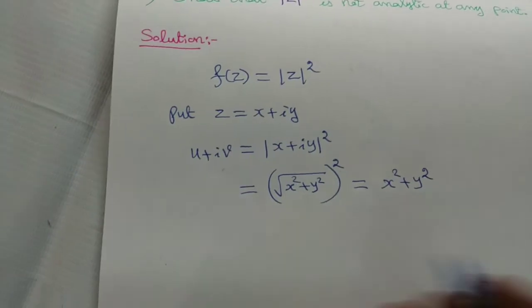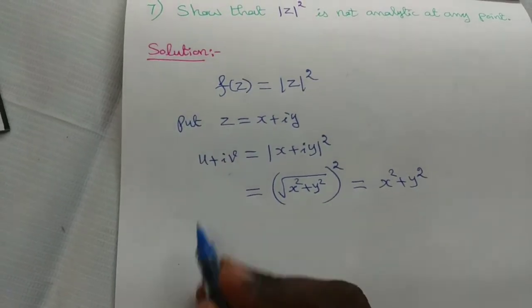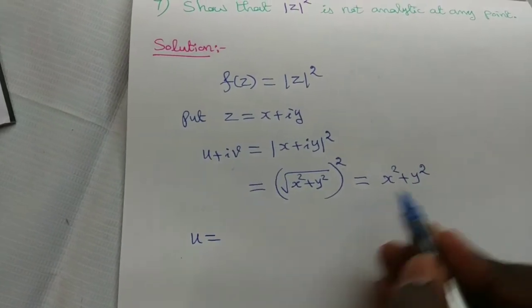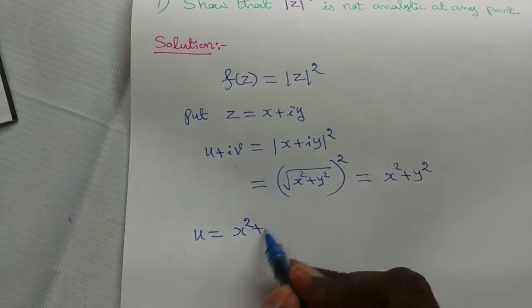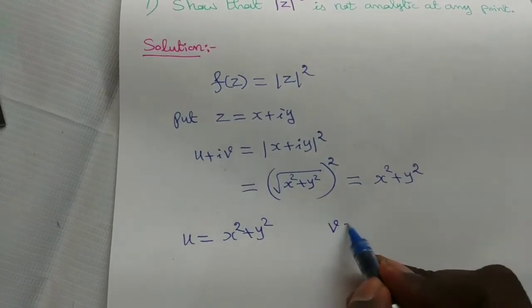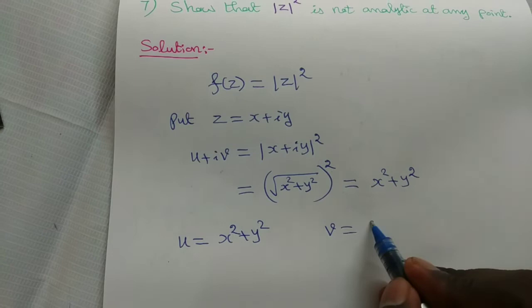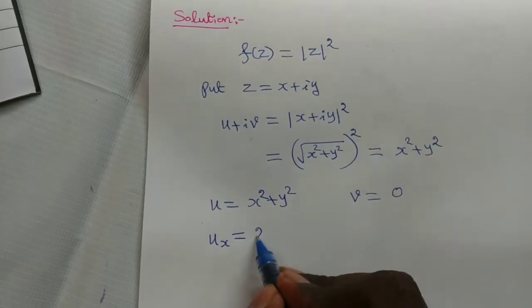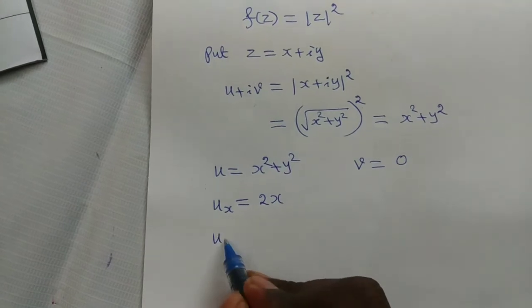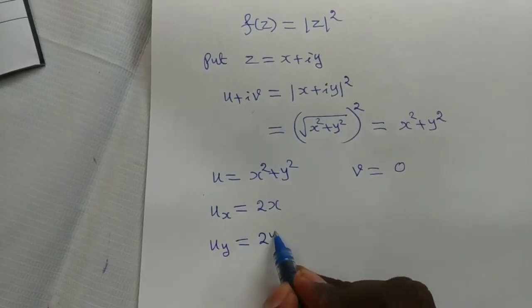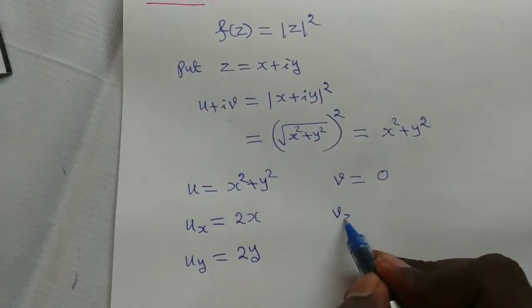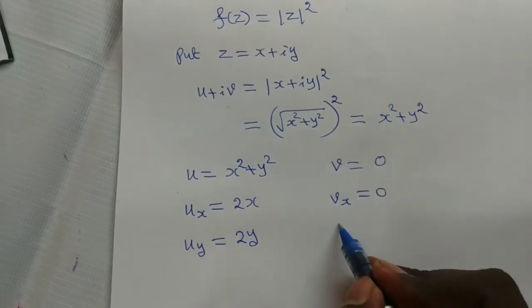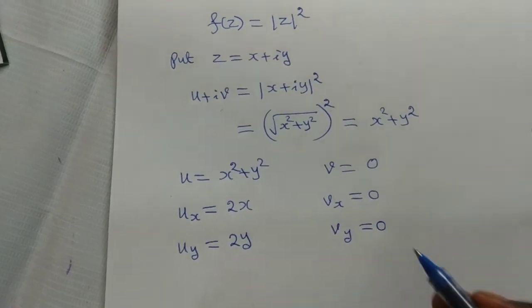Now equating the real part and imaginary part. By equating the real part, u is equal to x square plus y square. But the imaginary part, there is no imaginary part here, it is 0. So ux is equal to 2x, uy is equal to 2y. But here vx is equal to 0, vy is also 0.